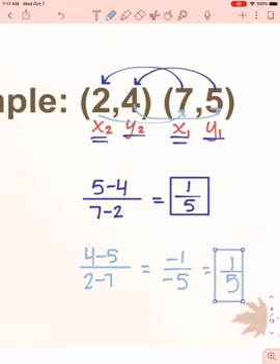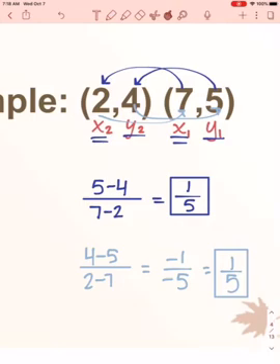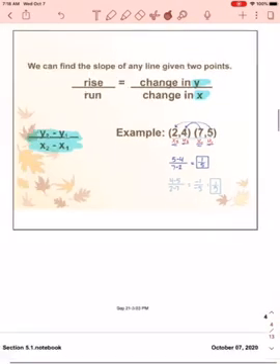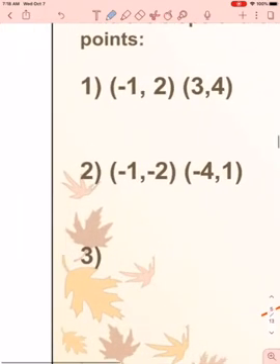And that would give you a -1 over a -5. And again, 2 negatives give you a positive. And you would still end up with 1/5. So I'm proving to you that it doesn't really matter which point you make your 1s and which point you make your 2s, but you have to keep that order. If I'm doing y2 minus y1 on the top, I have to do x2 minus x1 on the bottom.